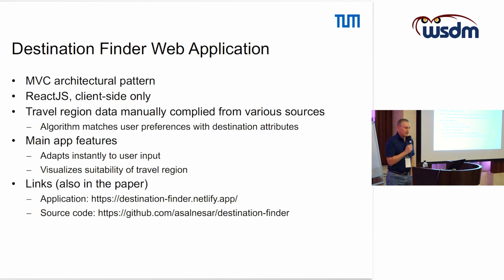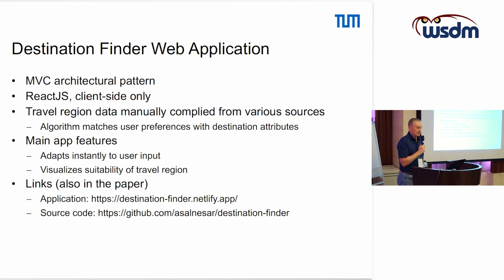For the view, we had a client-side web application programmed with React.js. Again, the main app features are that it adapts instantly to user input and visualizes the suitability of a travel region. I will show you in a minute.